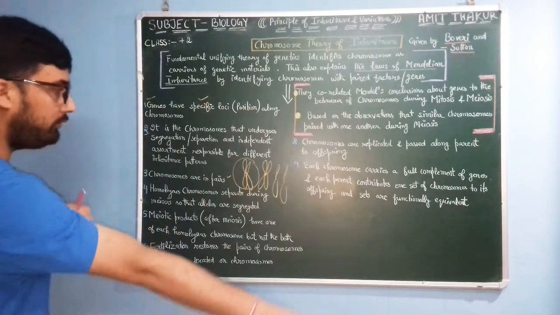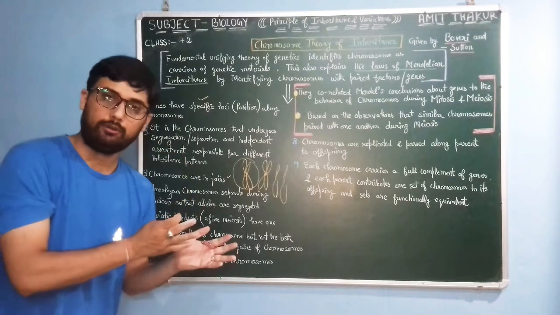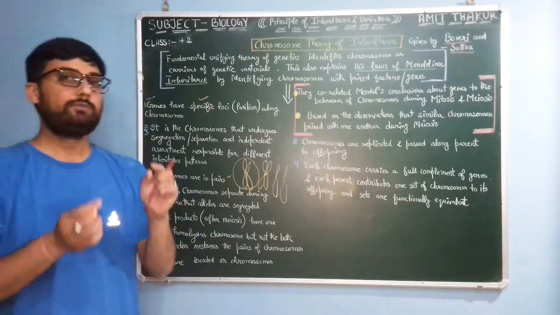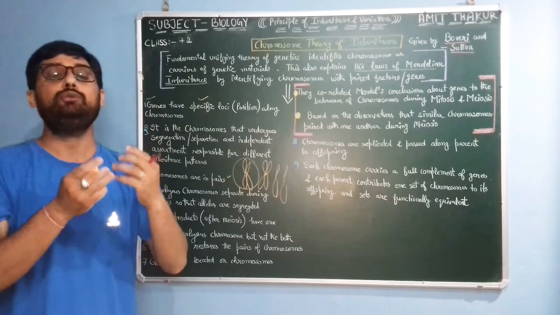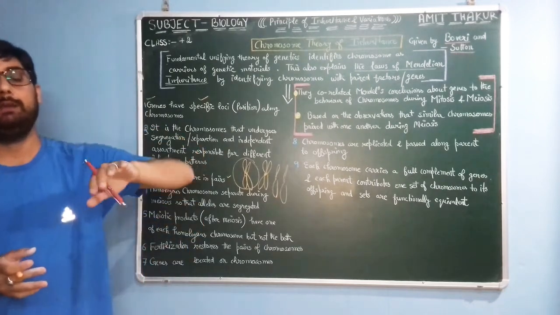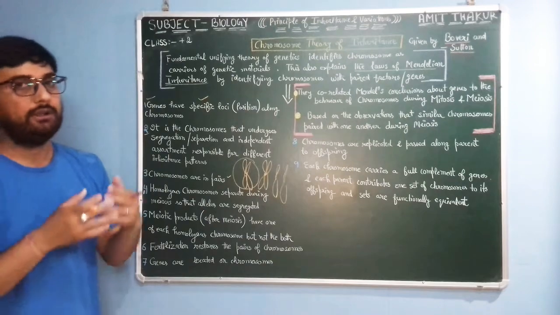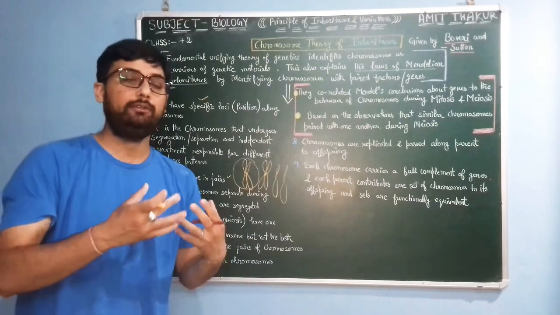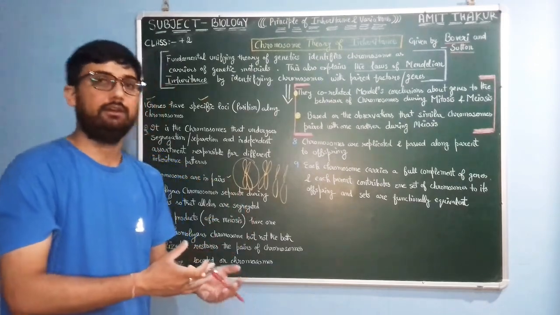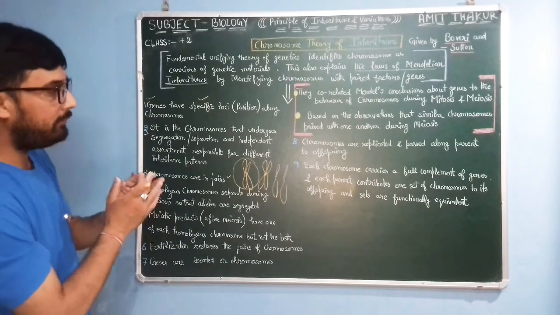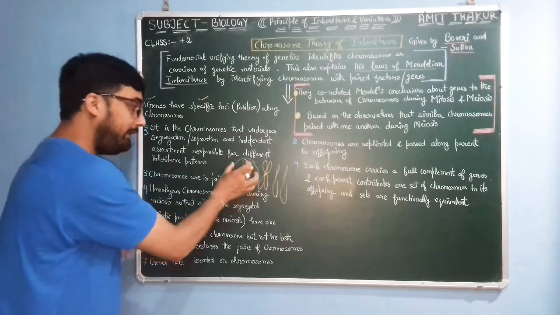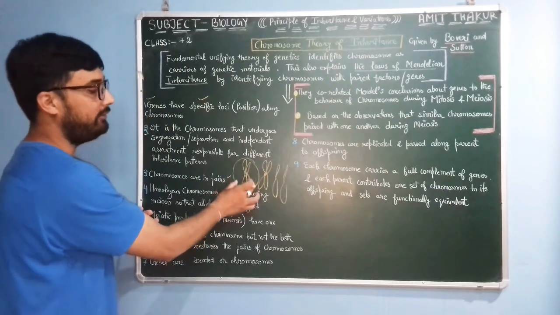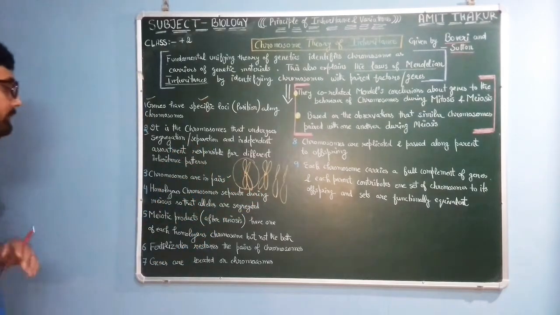Always remember what homologous chromosomes are. When a set of chromosomes are equal in size, structure, shape, arrangement of genes, and content of genetic material, almost similar in both chromosomes, then that set is known as homologous chromosomes.